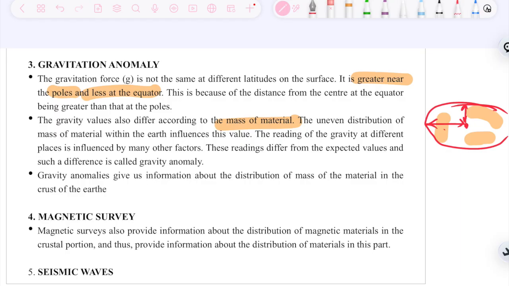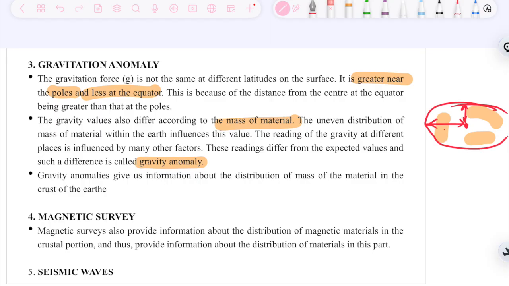The reading of gravity at different places is influenced by many factors. The reading differs from the expected value, and such a difference is called gravitational anomaly. If all of the areas had the same structure, the gravitation acting upon them should be the same, but it is not the case.